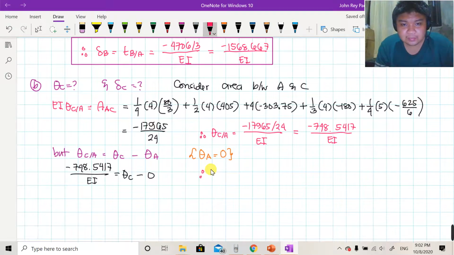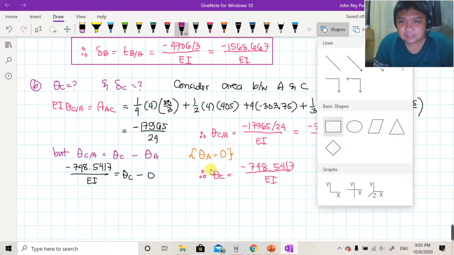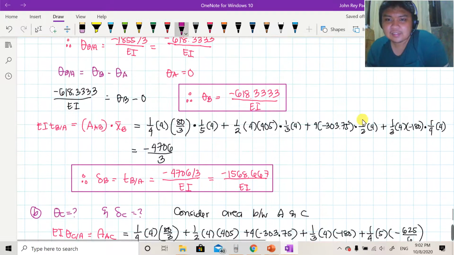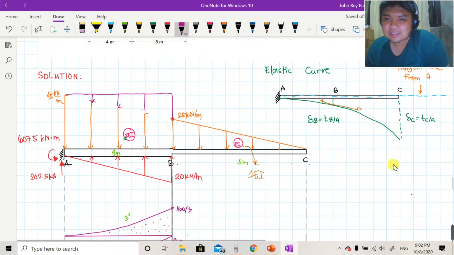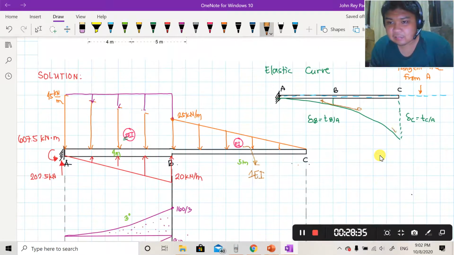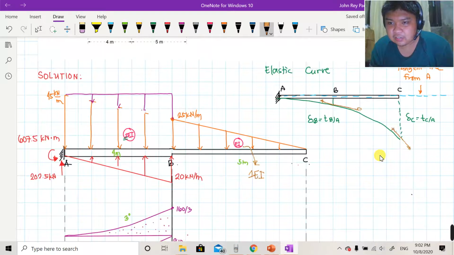So, pwede na natin sabihin na yung theta C is equal to negative 748.5417 all over EI. So, ito na class yung ating slope at C. Pwede natin siya class i-reflect doon sa ating elastic curve, and kung titingnan nyo siya class, no, the slope must be negative dahil downward nga siya dito. Okay?